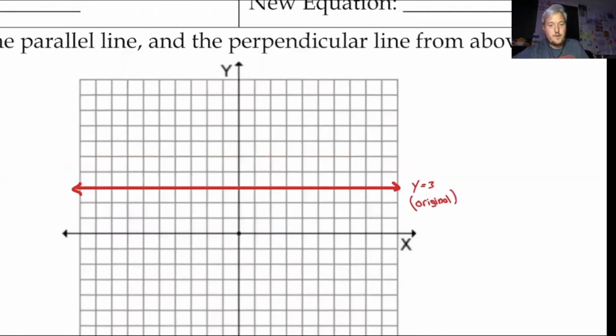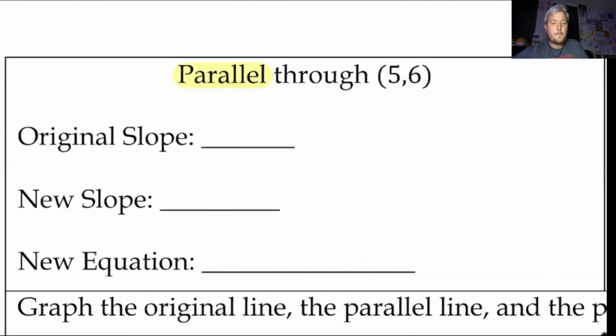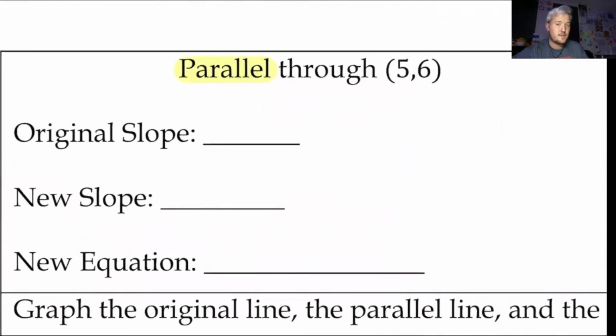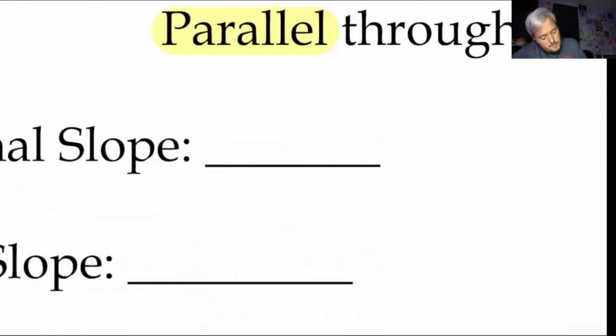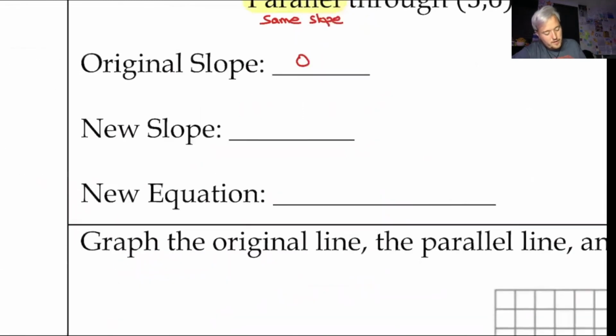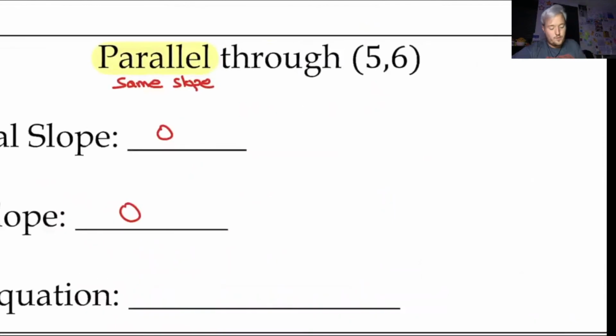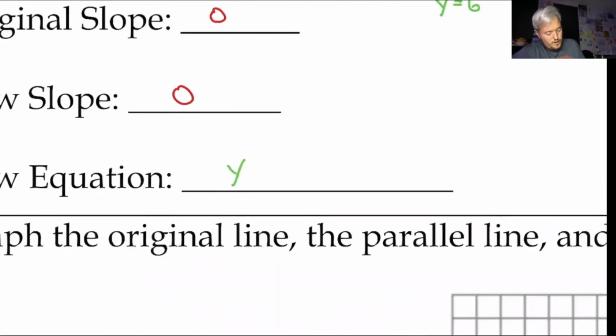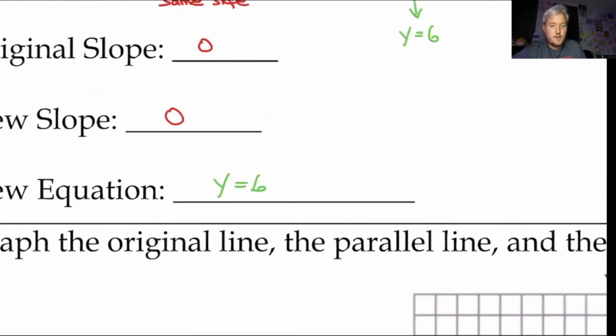All right, so now up here, we want to do something parallel through 5, 6. So remember, parallel means the same slope. So if my original slope is 0, that means my parallel slope is also going to be 0. So I want another y equals equation. So I want to take the y value of my coordinate, and that's my equation. So y equals 6.